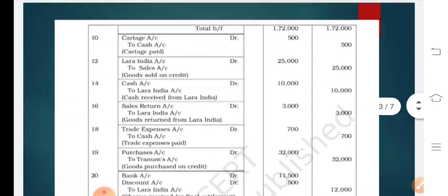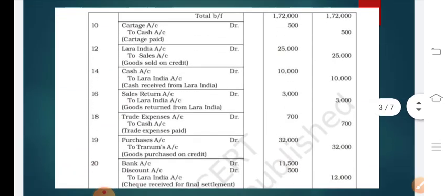Then moving towards the next, Lara India's account debit to sales account. Here we do not have any entry for cash, so this transaction will not be recorded in cash. The next we have is cash account debit to Lara India's account.